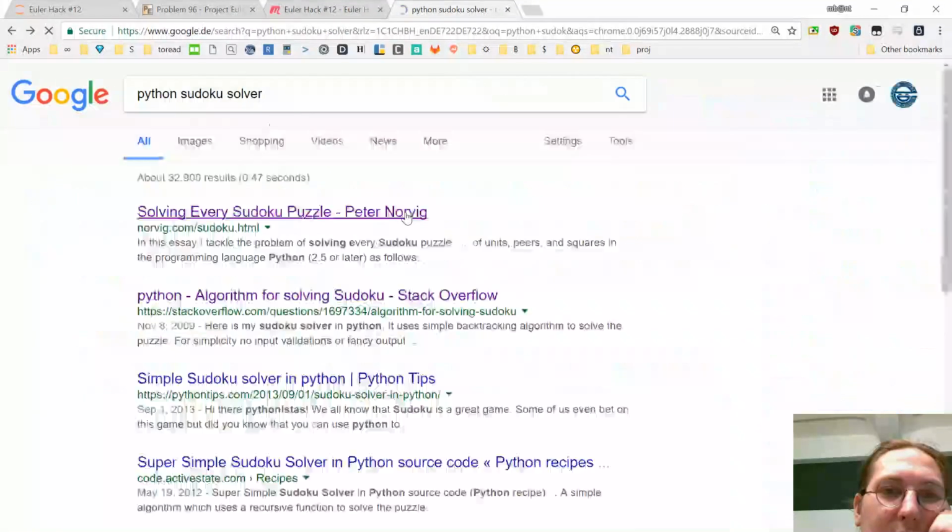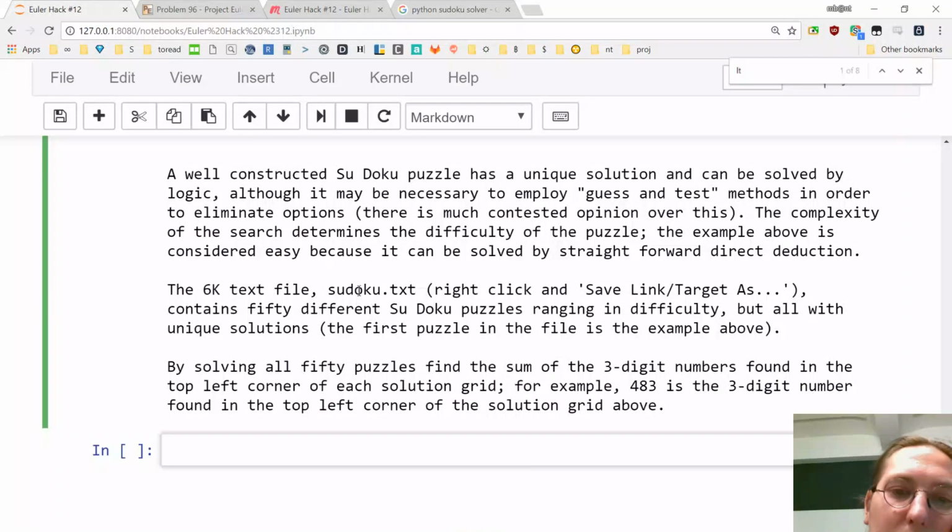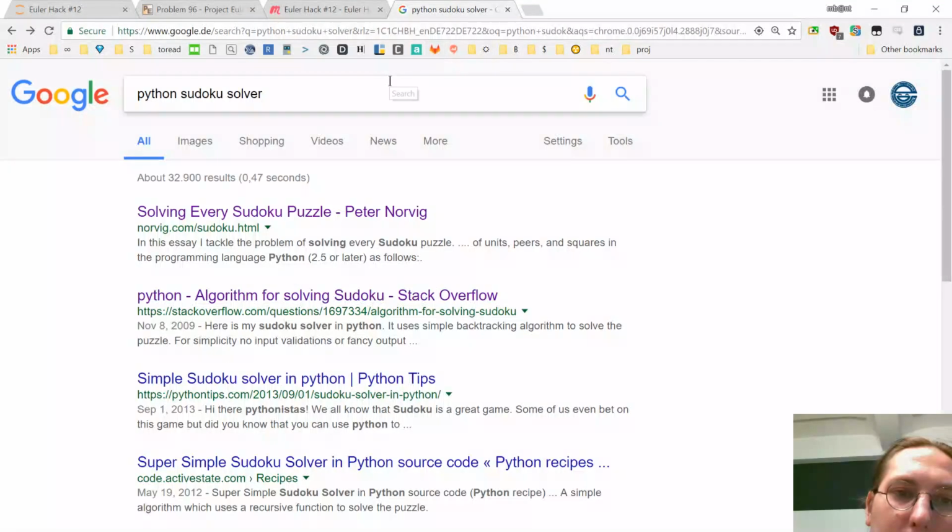I can just Google problem 96 if that's what we're looking for, because most of the time will be spent parsing the pseudocode text and massaging it so that our solver parses it. And try and look for problem 96.